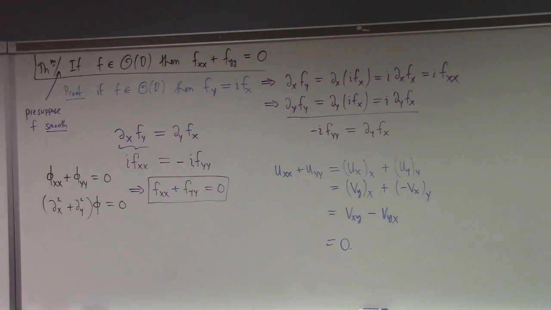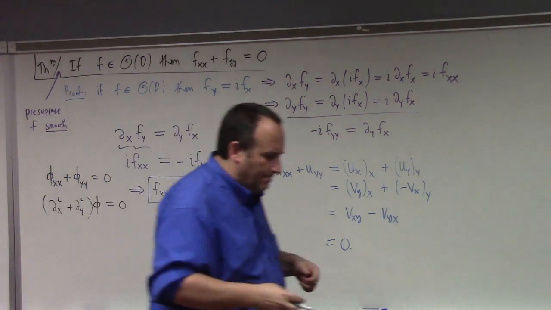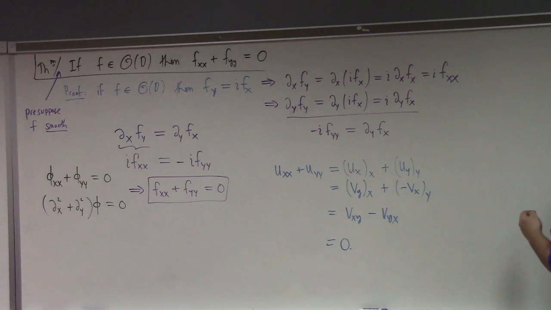All right, let me work an example here. So example 1, what if we had, let's look at the log of z, right? So that's the natural log of the modulus of z plus i times arg z, all right?